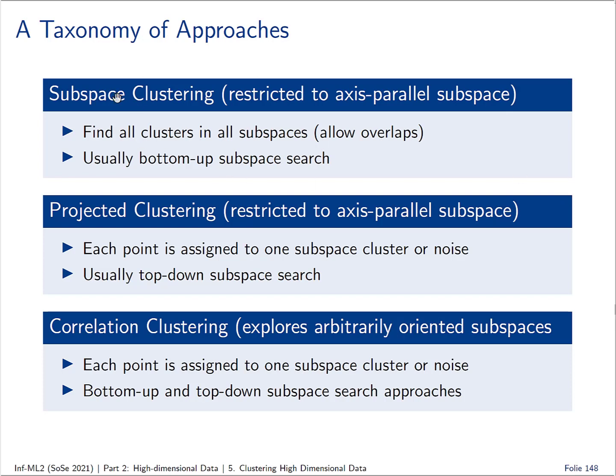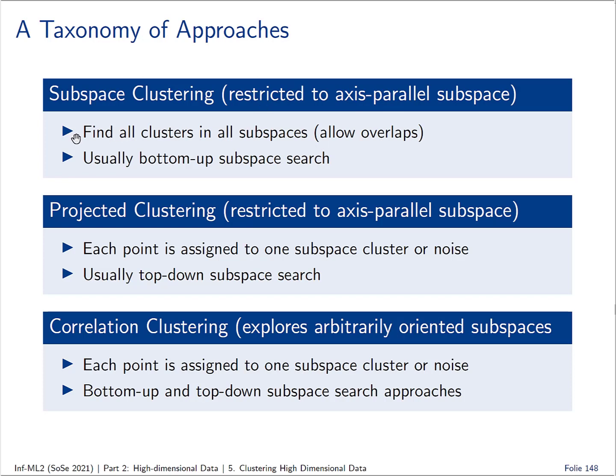So we have subspace clustering algorithms, which are first of all restricted to axis-parallel subspaces. They don't care about correlations among features. They just look for relevant and irrelevant attributes, and they want to identify the relevant attributes for a cluster. But they don't consider non-axis-parallel, arbitrarily oriented subspaces, meaning they don't consider correlations.